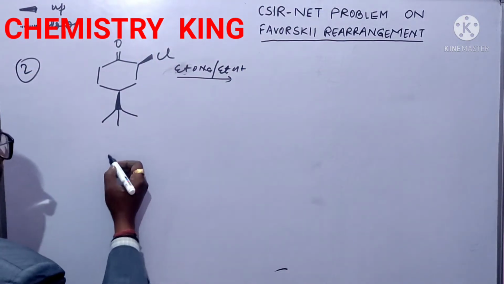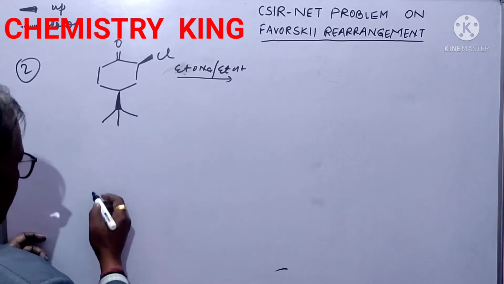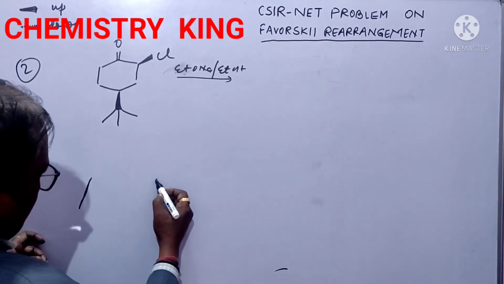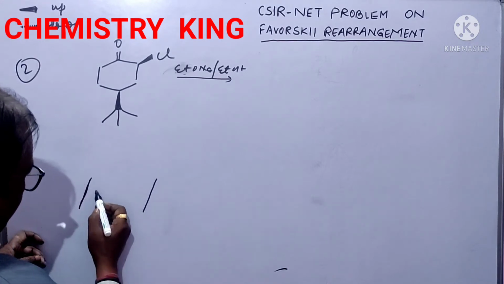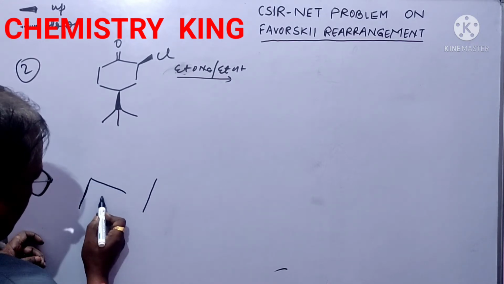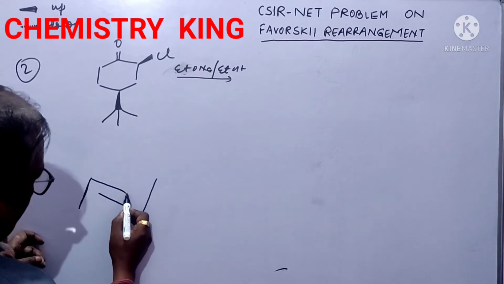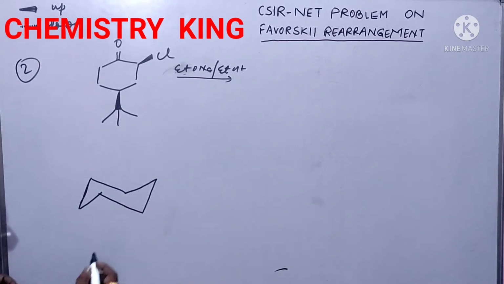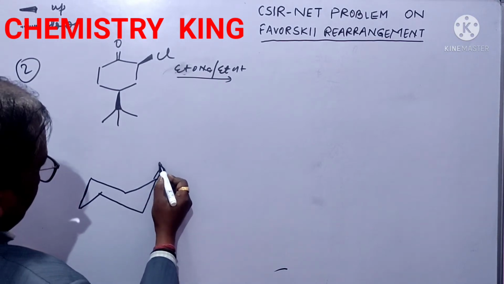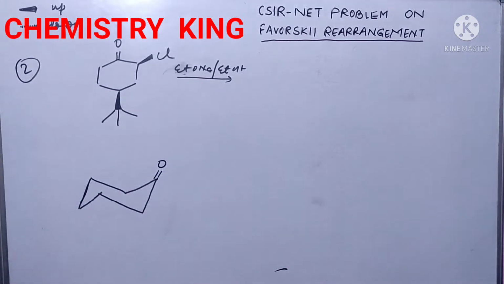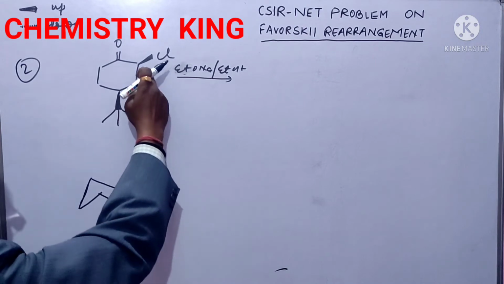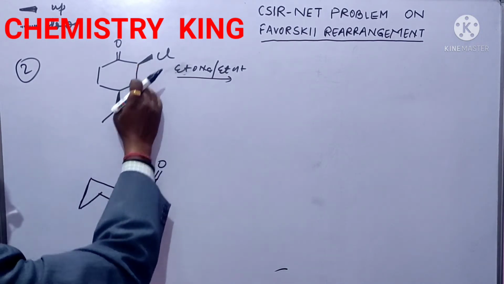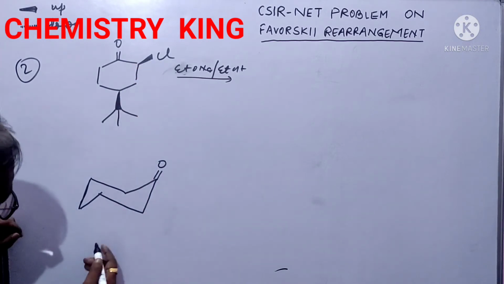First of all, we should write it in chair form. This is parallel, this. Cyclohexanone, the double bond is here. Chlorine and this tertiary butyl group are in a 1, 3 relation.